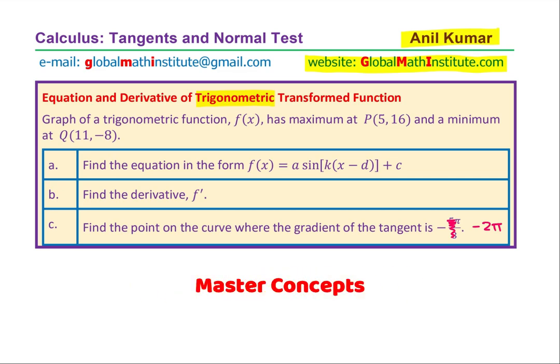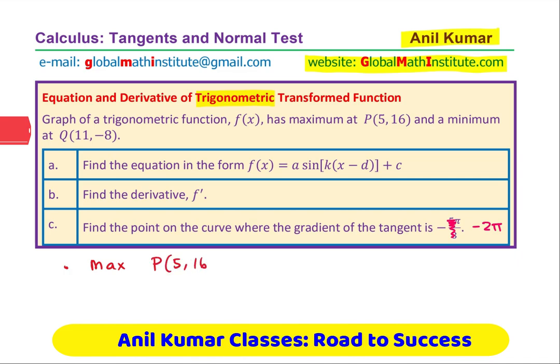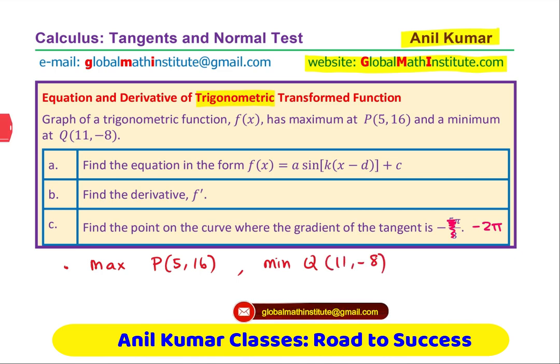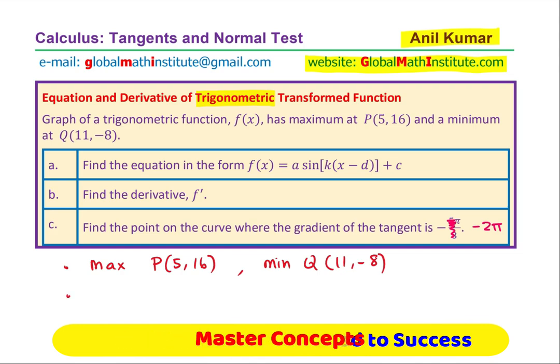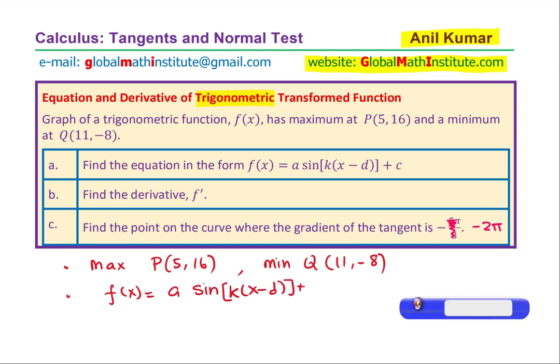So looking back, what you need to do here is, first, you are given that there is a trigonometric function whose maximum is at a point P, which is (5, 16), and minimum at a point Q, which is (11, -8). From this, you have to find the equation in the form of f of x equals a times sine(kx - d) plus c.